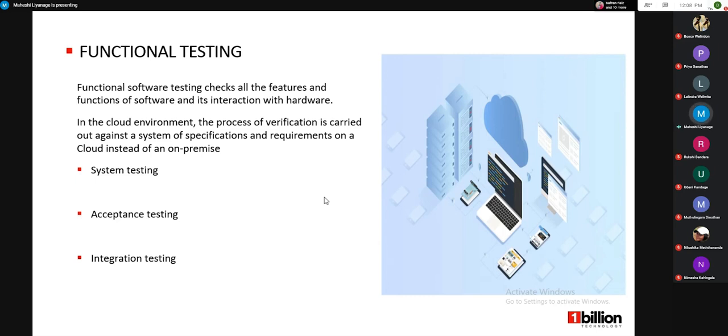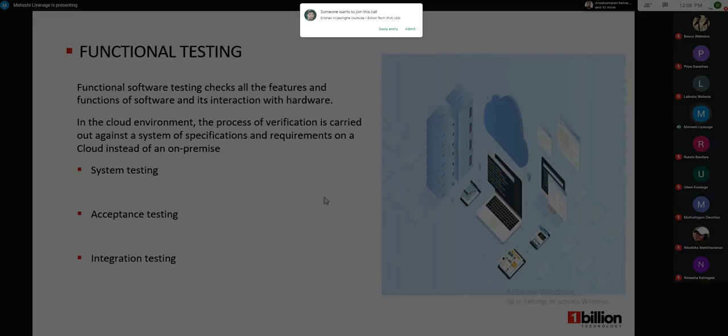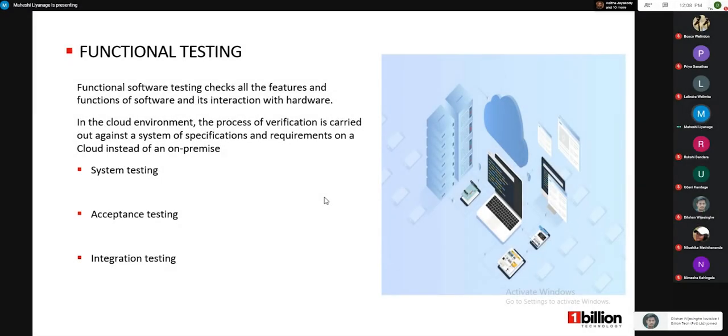Here we have three types of testing: system testing, acceptance testing, and integration testing. System testing is the technique that evaluates the system's compliance with functional and system requirements in the cloud environment. Then we have acceptance testing, which proves the application meets the certain needs of its users.